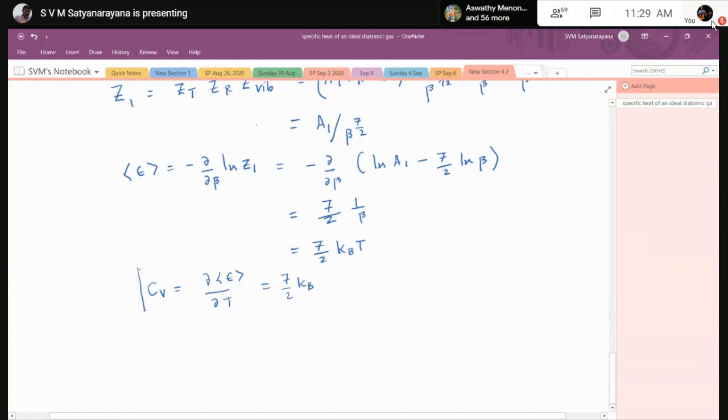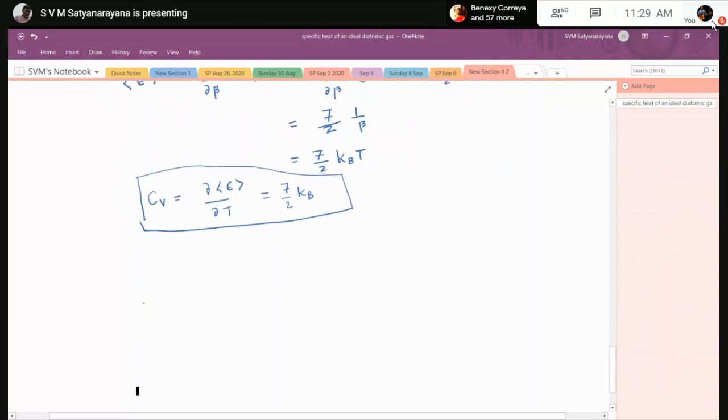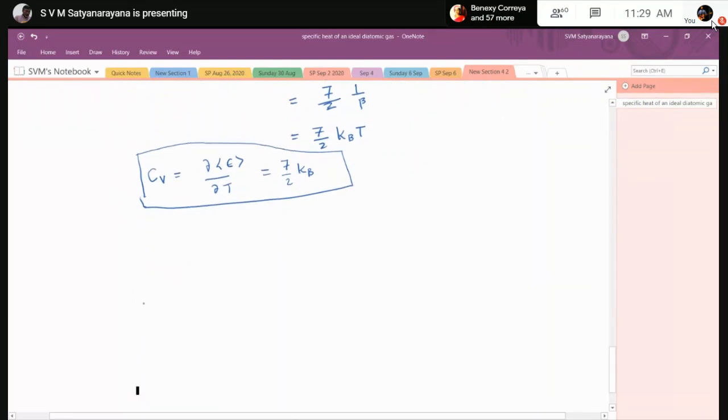So this is a classical calculation that we have done, and ultimately you have to check with the experiment. So what is it that we are getting here?